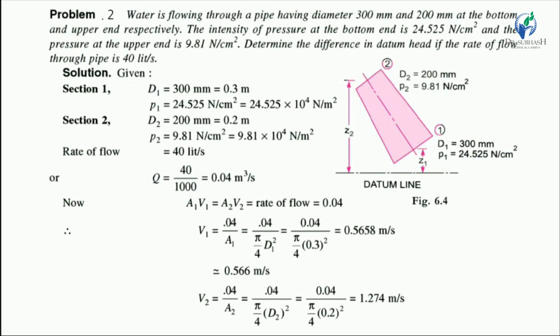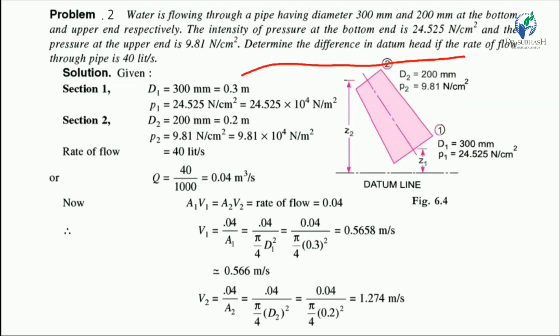The intensity of pressure at the bottom end is 24.525 Newton per centimeter square. Now, pressure intensity at the upper end is 9.81 Newton per centimeter square.